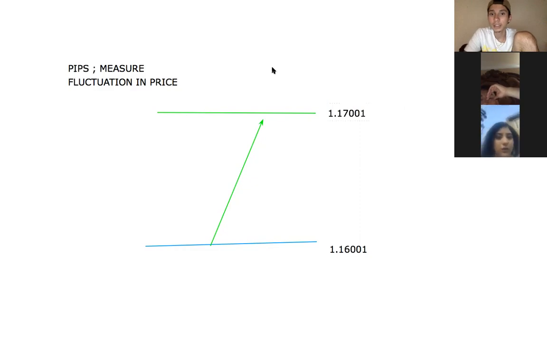And let's say this is the euro to US dollar. That's the only one that I really trade. So let's say the price shoots from, do you see how I went from 1.16001 up to the other one?